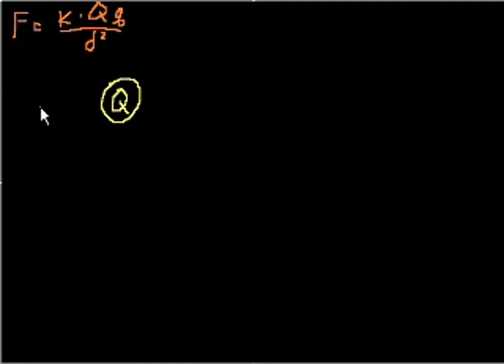So if we want to calculate the field, we want to figure out how much force is placed per charge at any point around this Q. So say, at a given distance out here, for a given Q, what is the force going to be? What we can do is take this equation up here and divide both sides by this small q.